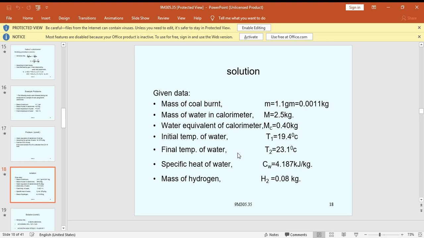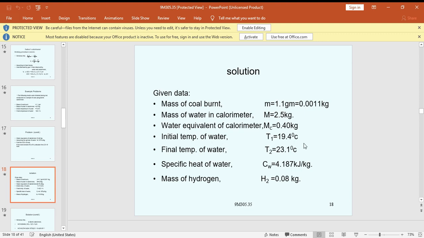Given data: mass of coal m equal 1.1 gram, converted into kilos, 1.1 by 1000, 0.0011 kg. Then mass of water in calorimeter, capital M equal 2.5 kg. Water equivalent of calorimeter m equal 0.4 kg.